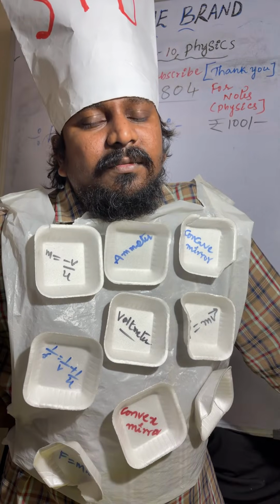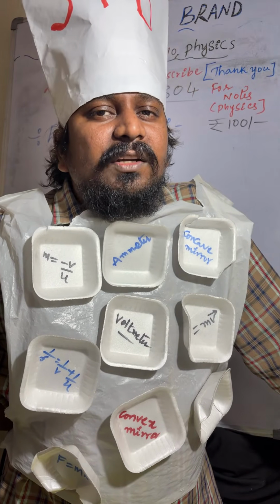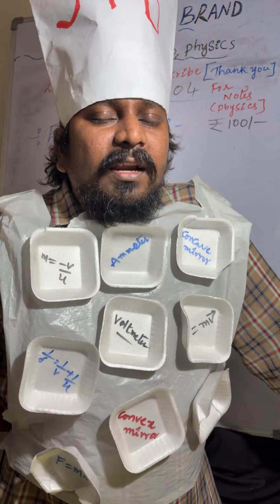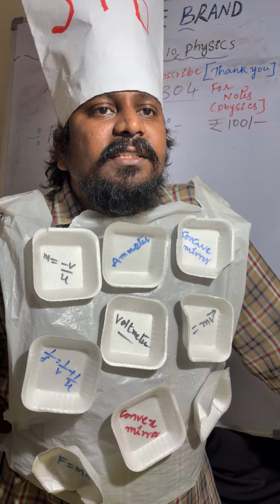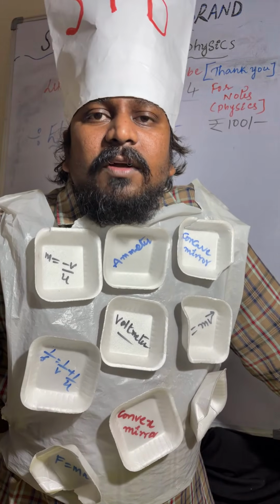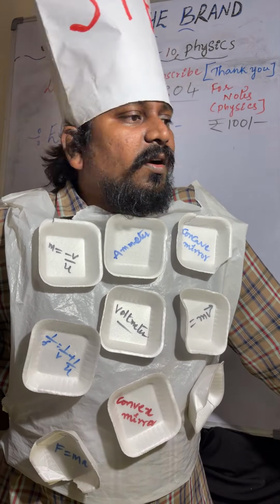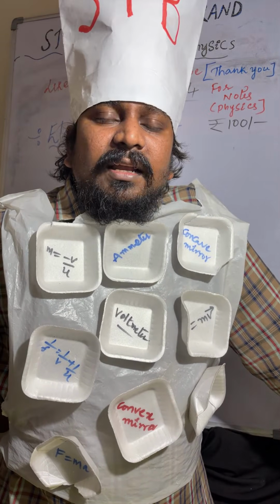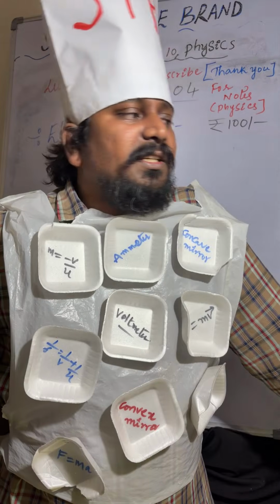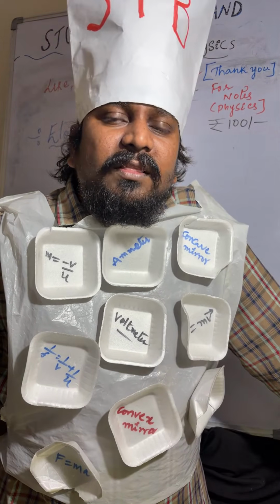Potential difference is nothing but the work done to bring unit positive charge from one point to another point within the conductor. The work done to bring unit positive charge from one point to another point within the conductor is called potential difference.